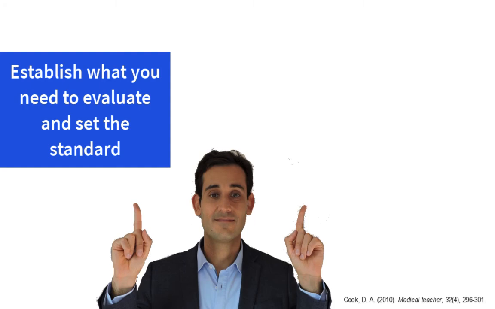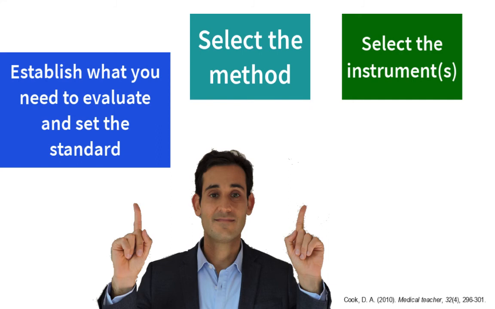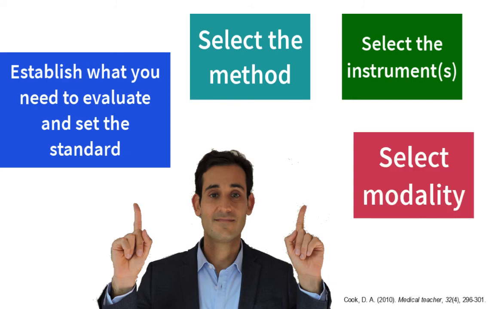A useful advice might be to start by defining your aims and setting your standard, and not force yourselves to always measure the four levels of the pyramid. You should be much better off if you first select the proper evaluation levels or models that align with your objectives, then select the method, then the instruments, and finally the modality, be it face-to-face or online.